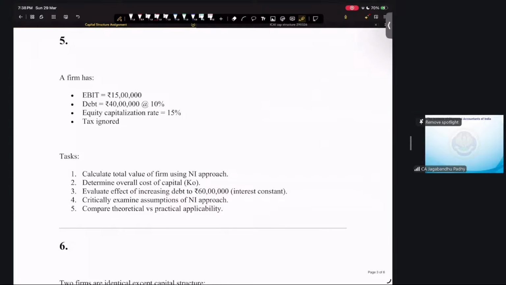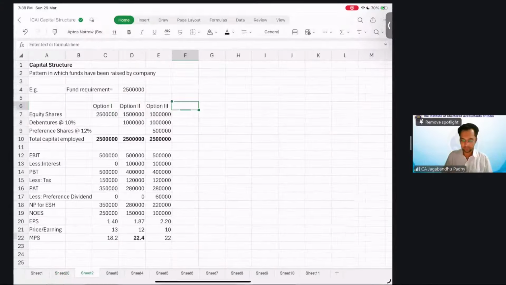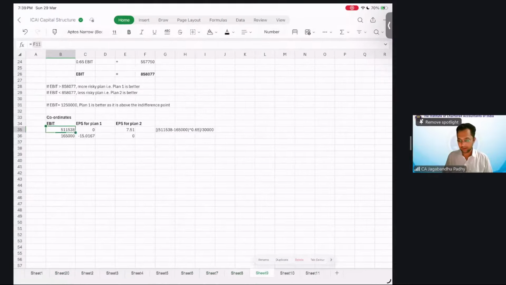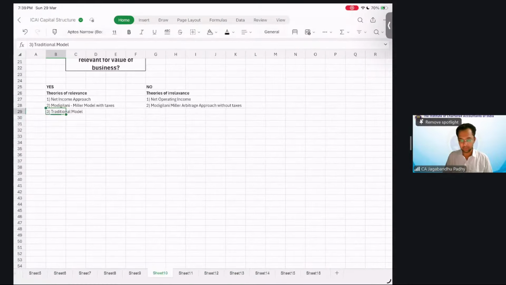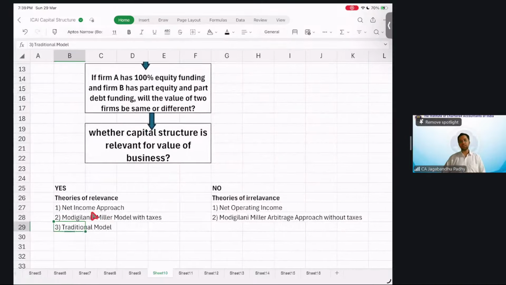Okay. Then right now, let's quickly run through what we call the capital structure theory. Capital structure theory is all about a debate between two schools of thought. One is the theory of relevance, and another is the theory of irrelevance.